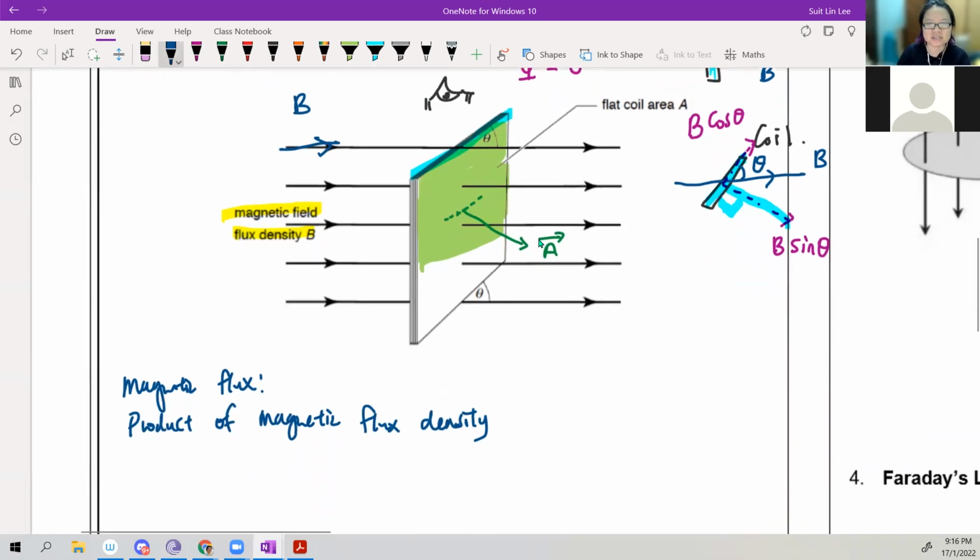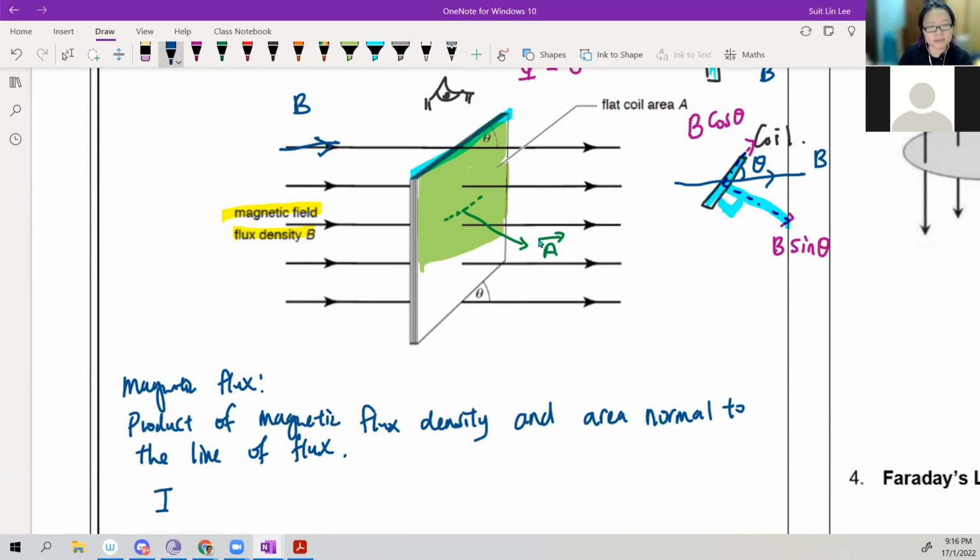So the product of magnetic flux density and area normal, or 90 degrees, to the line of flux. And the actual mathematical term for flux, we can represent like this: magnetic flux phi is equal to vector B dot vector A.